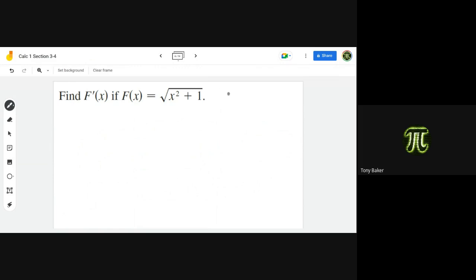So let's try this a little differently. Let's make m equal x squared plus 1. And now my f of m is the square root of m.